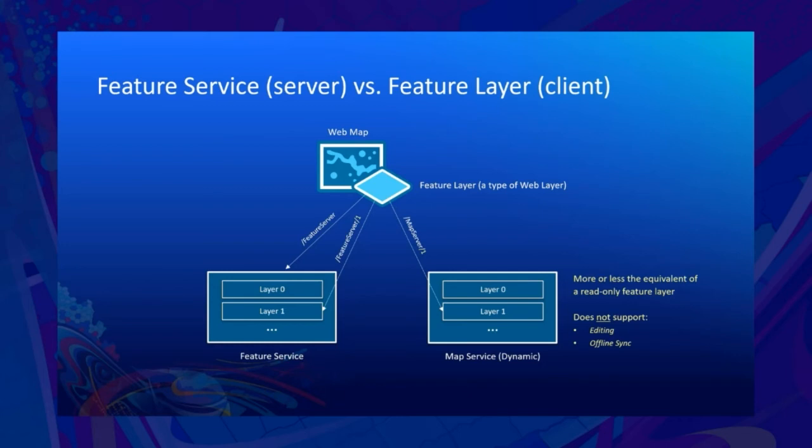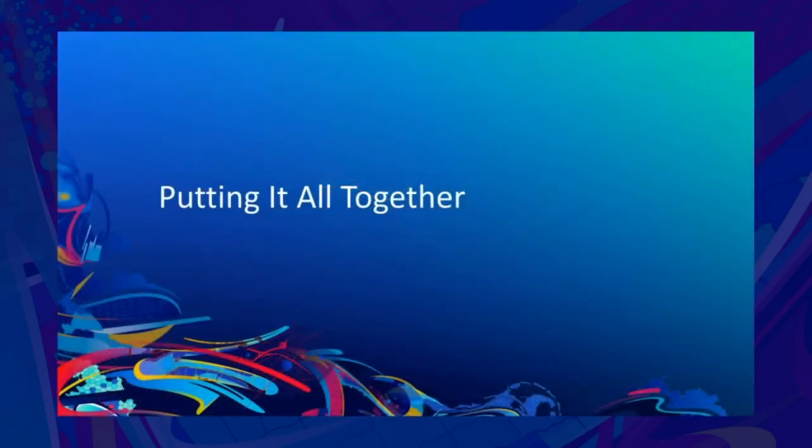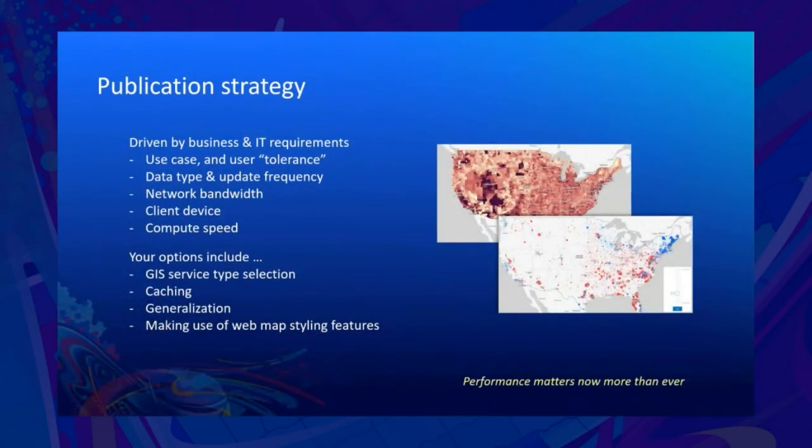All right, let's try to wrap everything up and summarize what we've been talking about. I want to go back to that initial idea of putting together a publication strategy that's driven by business and IT requirements.